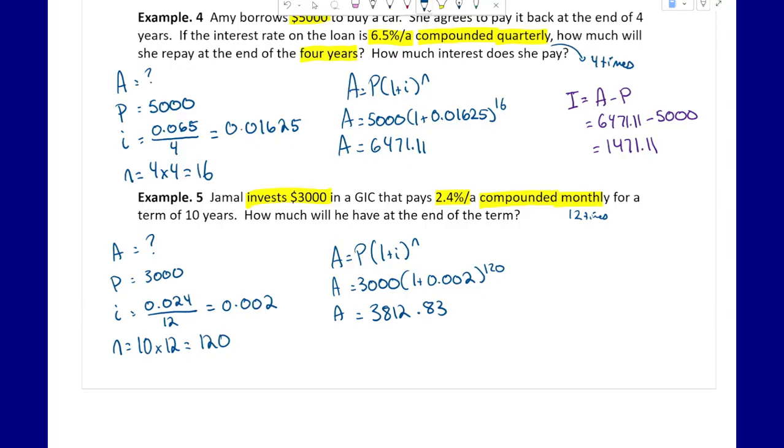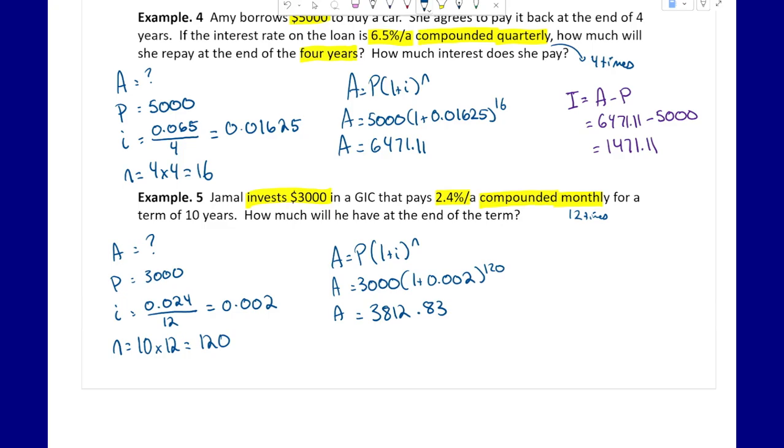So again, you might say that's not a lot of money after 10 years, $812. But you're not doing anything, right? A GIC is a guaranteed investment certificate or something along those lines. Basically, you're guaranteed a certain percentage over the course of a year. Sometimes when you're saving, depending on what you're saving your money in, there is a risk that you might not earn a certain percentage.